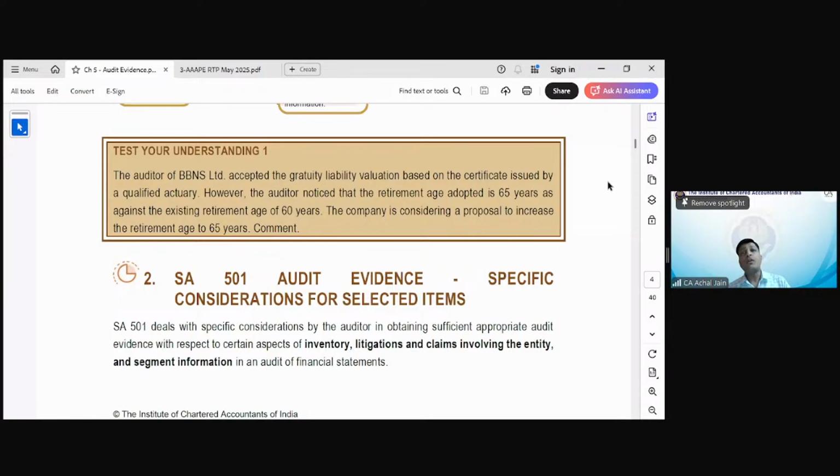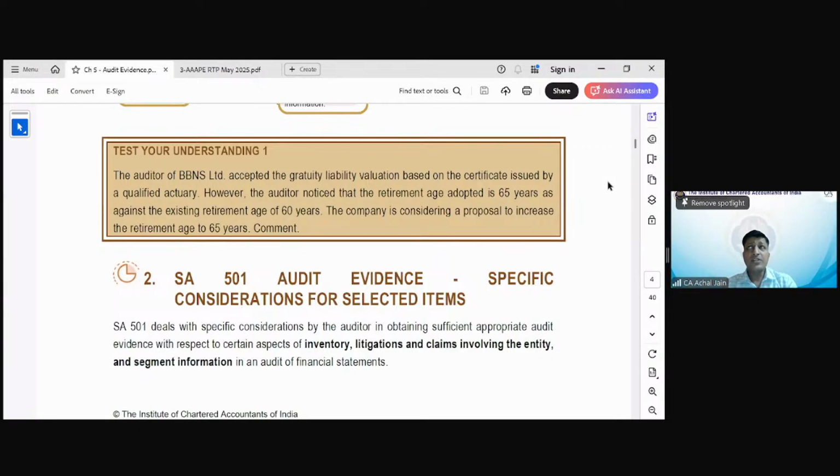Now, the auditing standard talks about certain areas over which some audit procedures are required to be performed. See, when it comes to the financial statements, we understand financial statements as a whole are required to be audited. And depending on the type of the entity, any of the areas in the financial statements may become important.